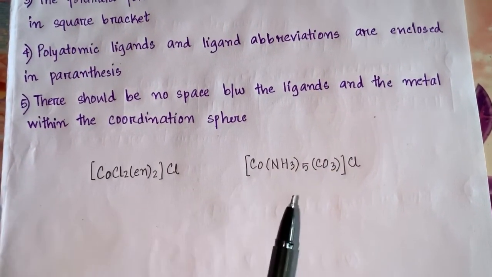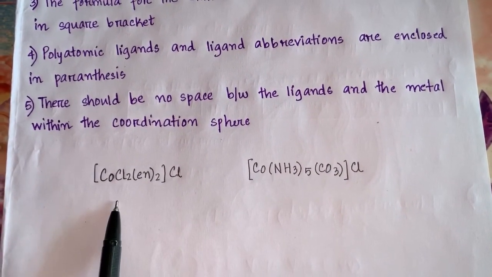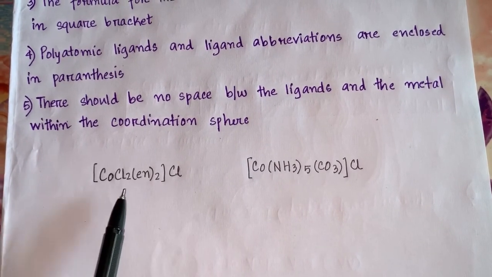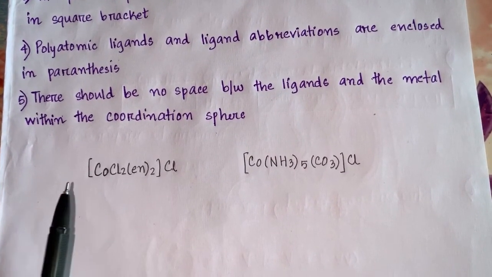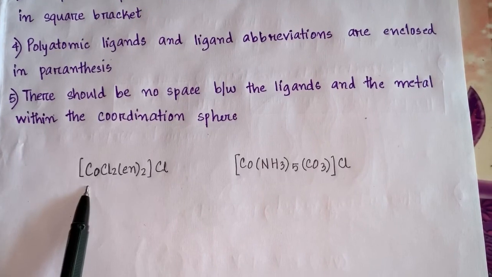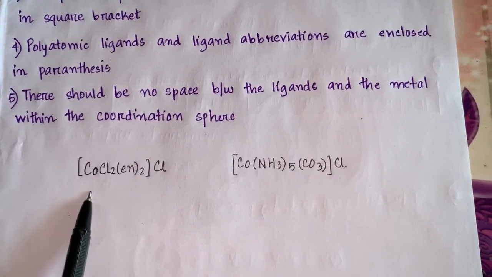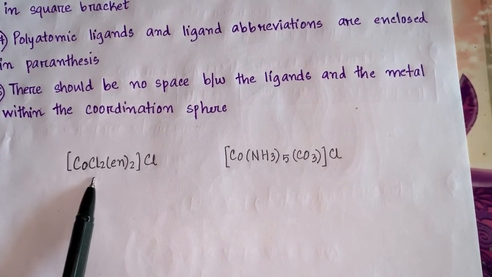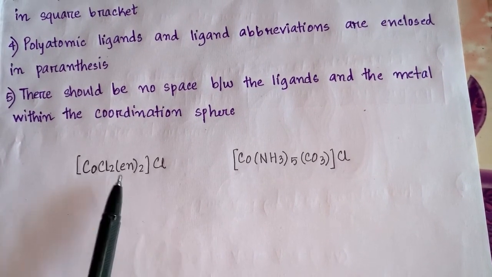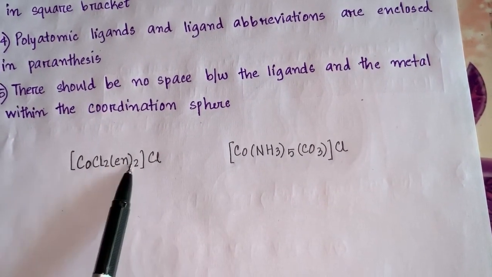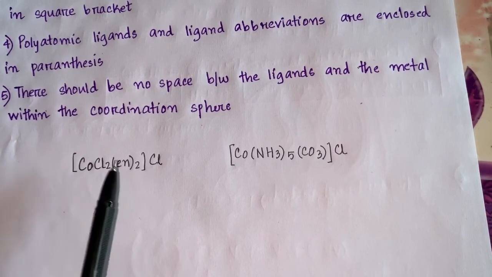Here we are having two examples. The first one is this one. We are having cobalt as the central metal atom in the first coordination compound. Then we are having two chloride ions and two ethane-1,2-diamine, that is a bidentate ligand.